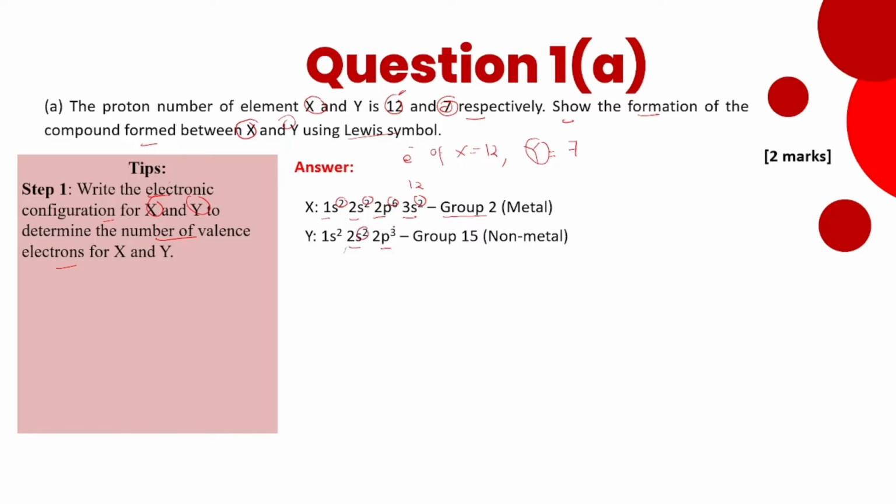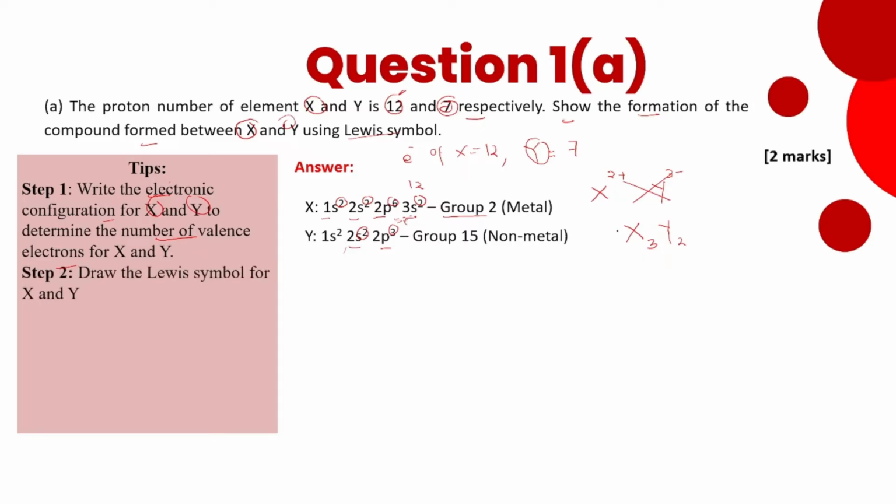So it has 5 valence electrons, which refers to group 15, a non-metal. Since X has a 2+ charge and Y has a 3- charge, if we cross it over, we get X3Y2.